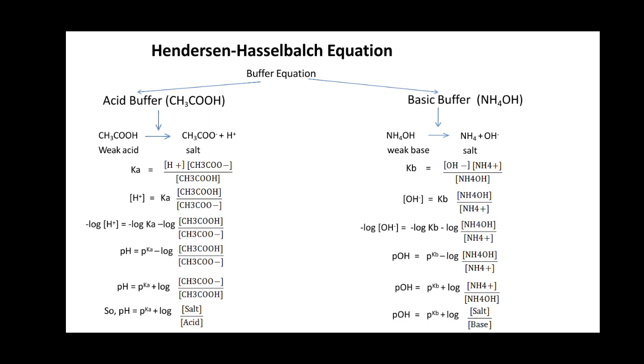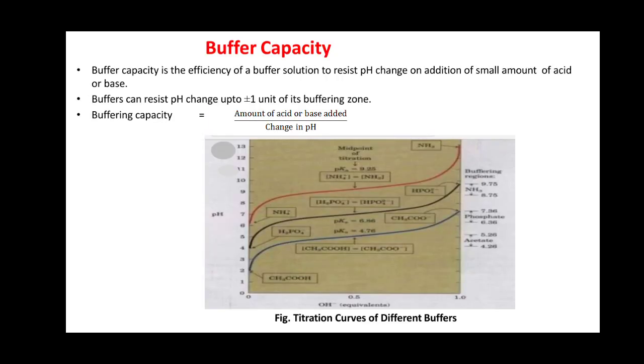So under acid buffer and basic buffer, such as acetic acid and ammonium hydroxide, we can see how it acts by the equation: the pH will be equal to pKa plus log salt divided by acid in the case of an acidic buffer, and pOH is equal to pKb plus log salt divided by the base in a basic buffer.